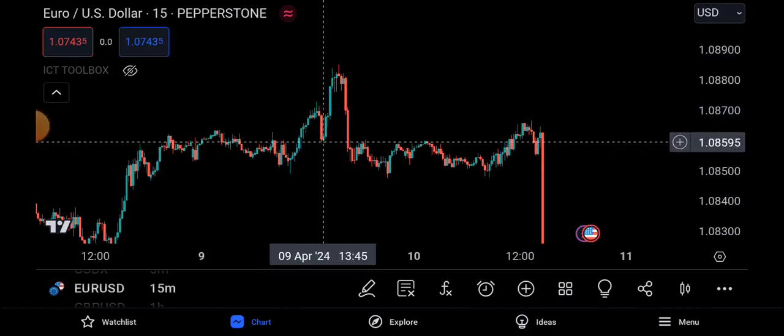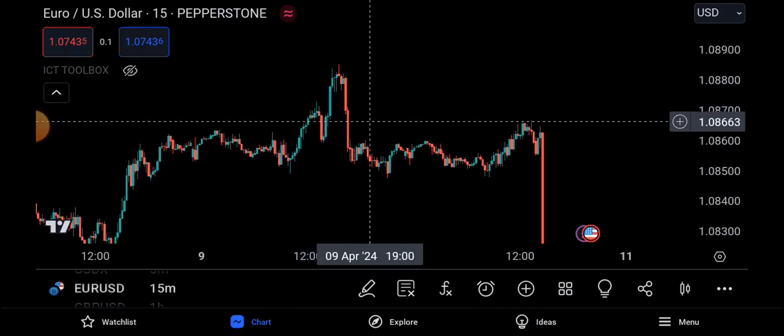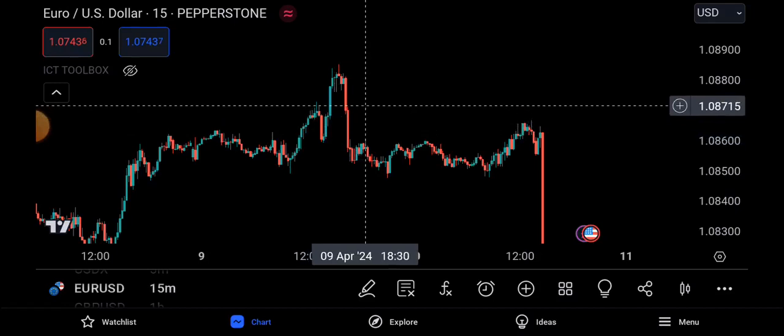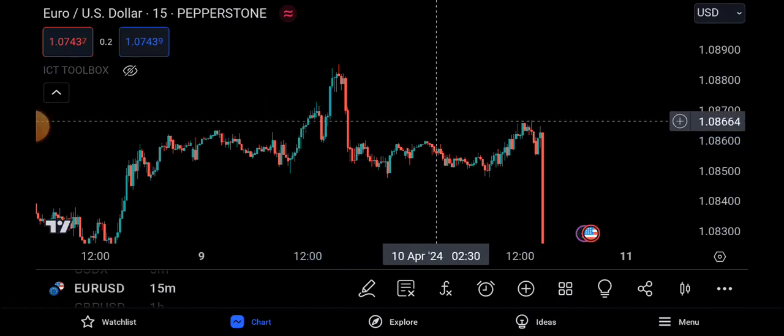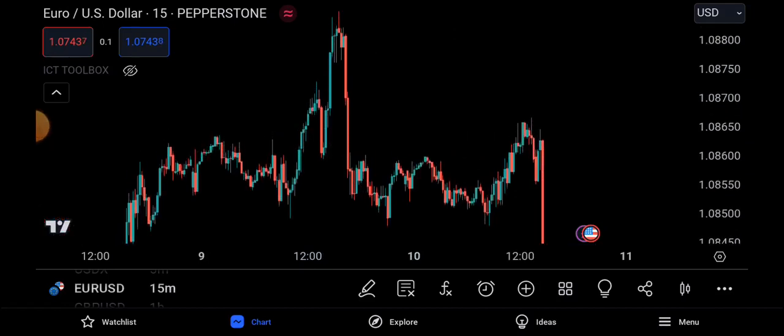So this right here would be my breaker, supported by fair value gaps, which makes it a high probability breaker. So the same rules apply. We don't want to see anything above 50% for a close. Everything should be below 50%, and that's what we get here, and price moves away.